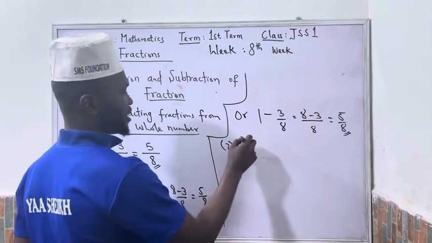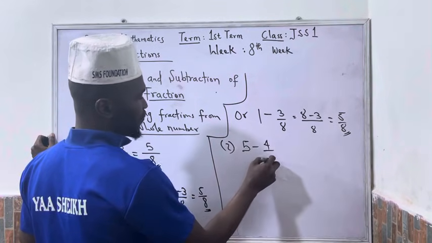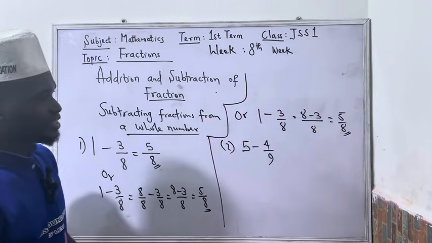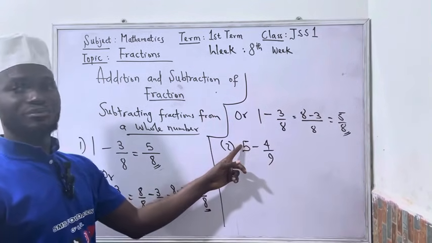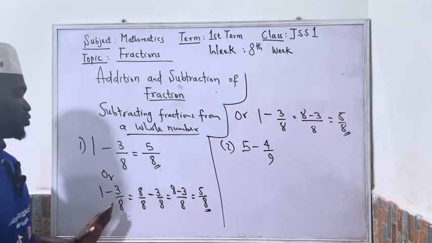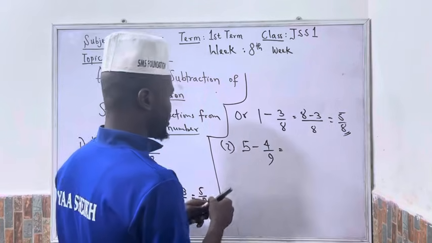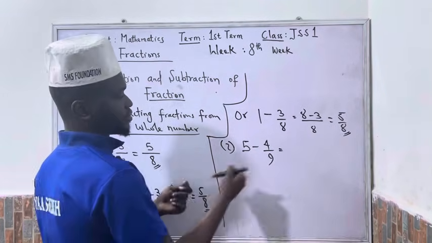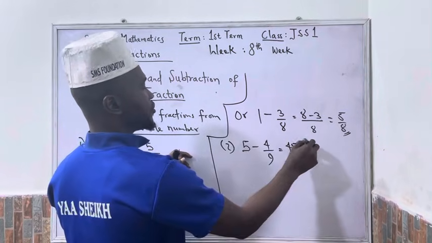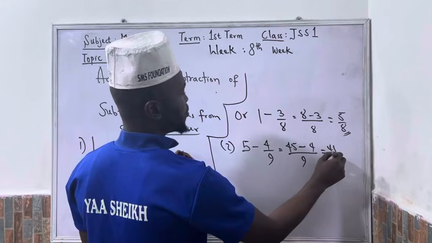Very good. So if I have something like 5 minus 4 over 9, the same process still applies. So you can simply just do 5 times 9, then minus, if you are using this last method. But if you want to use this second method, you have to do 5 times 9. Okay? Let's do 5 times 9. So that will be what? 45 minus the 4, then divide by 9. 45 minus that will be 41 over 9.